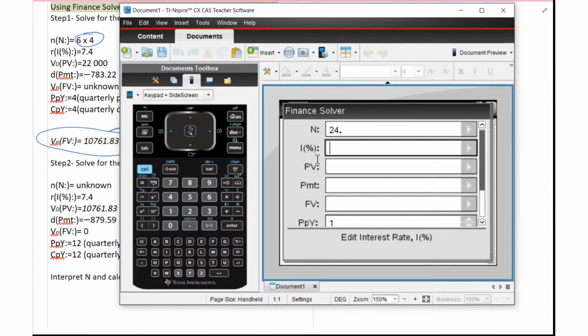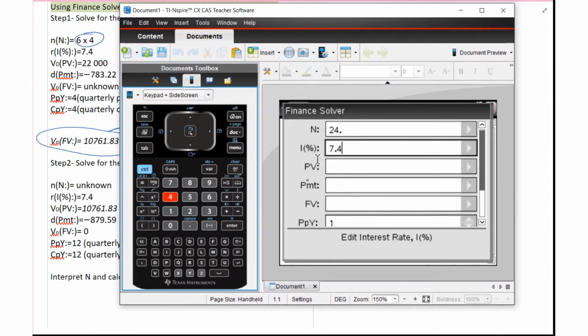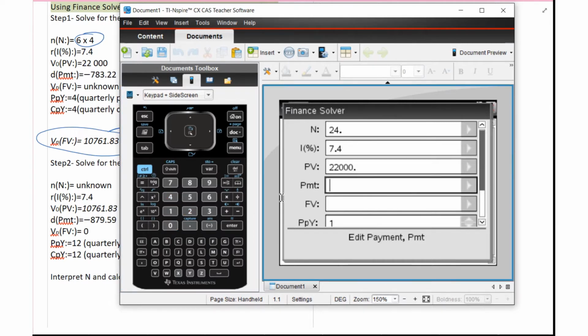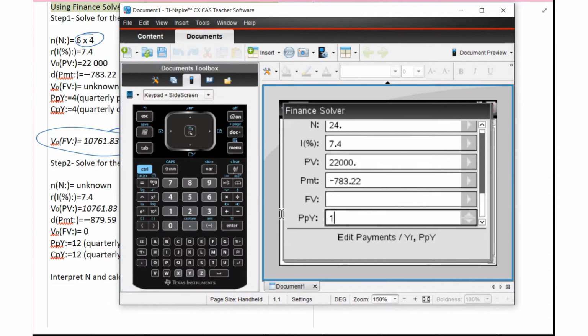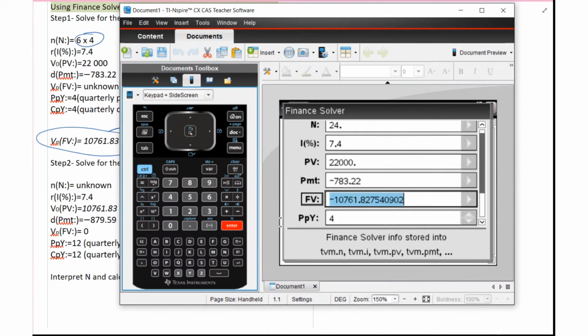I think my computer was playing up on me then. Sorry for that. Negative 783.22. That was 4. I'm going to copy that. That's what I was trying to do.